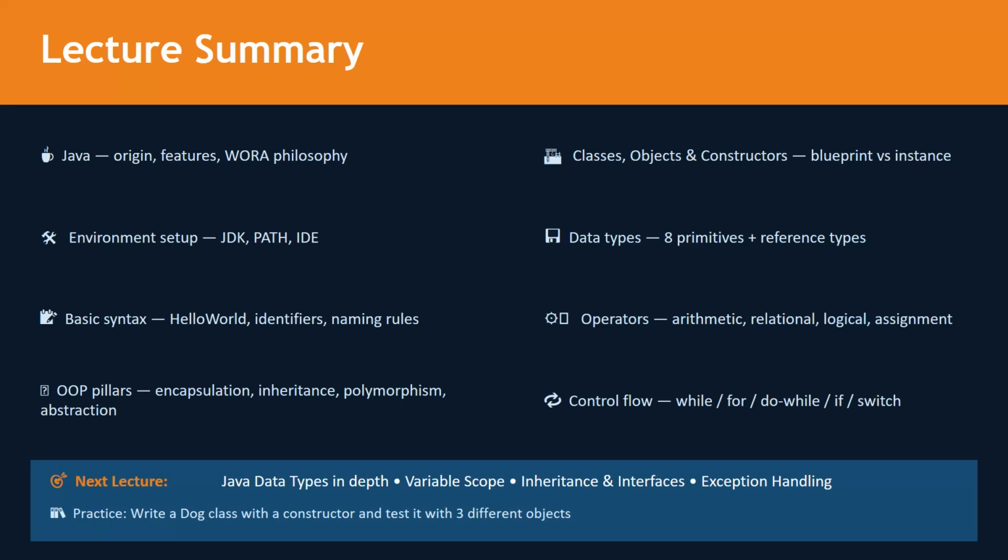We discussed the differences, where to use a logical operator, and how they play in making decisions. Then we looked at the object-oriented programming pillars: encapsulation, inheritance, polymorphism, and abstraction.